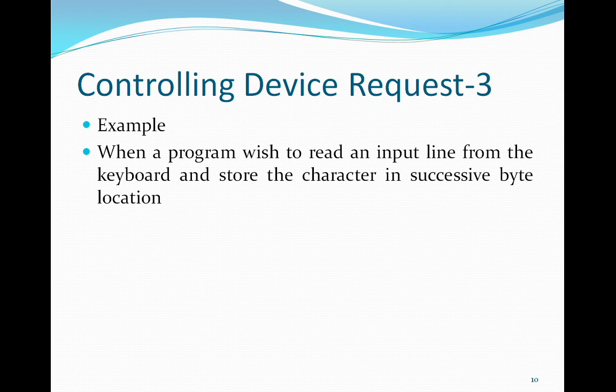Then store the character in the memory location pointed to by PNTR and increment PNTR. When the end of the line is reached, disable the keyboard interrupt and inform the program main, then return from the interrupt. The instructions needed to perform this task are shown here.